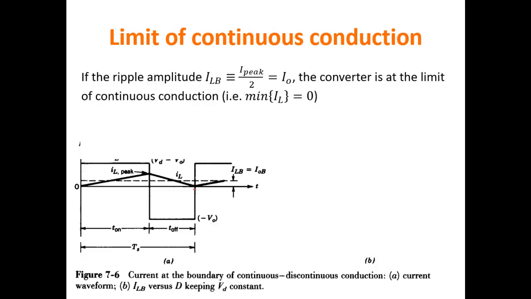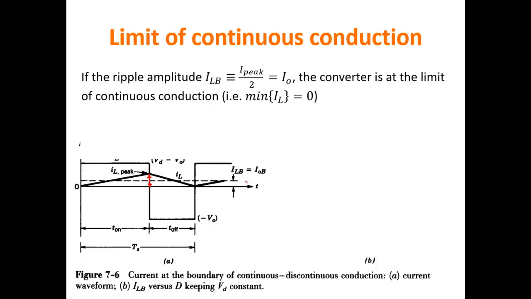Okay, for the moment, let's focus on the limit and compute it. It's relatively easy, because I need to know the boundary current, the current that we have at the boundary between continuous and discontinuous conduction.